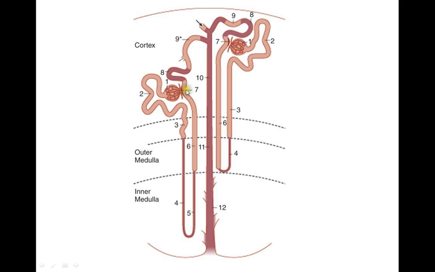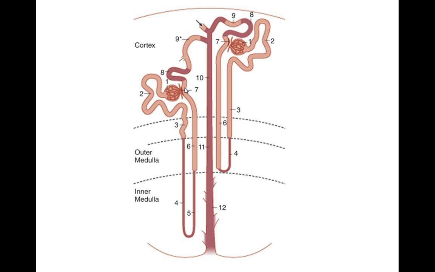Then we reach number 7. Number 7 is the distal part of the thick ascending limb. Again, you can see this part in both nephrons. This part is called the macula densa.